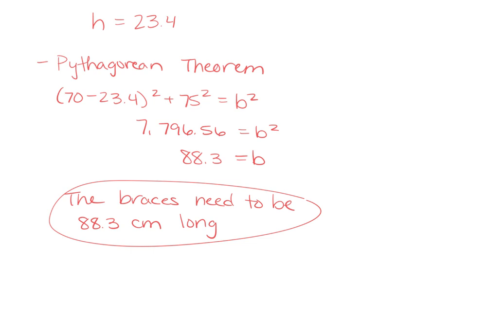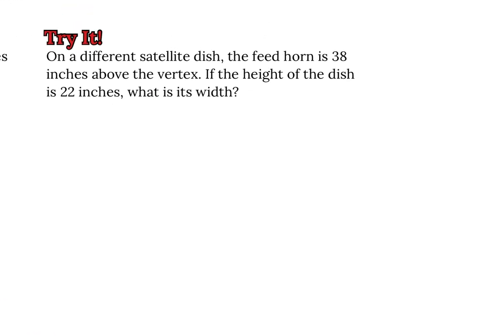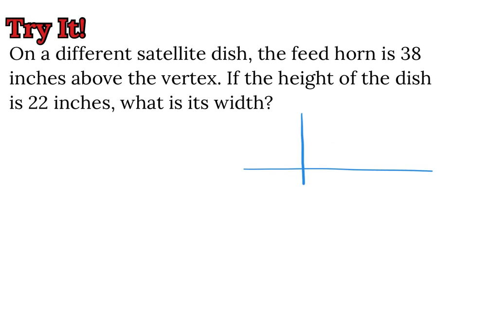Okay, let's look at the try it. On a different satellite dish, the feed horn is 38 inches above the vertex. If the height of the dish is 22 inches, what is the width? Okay, so let's sketch this out. They're telling us the feed horn is 38 inches above the vertex, which the vertex is at 0, 0.